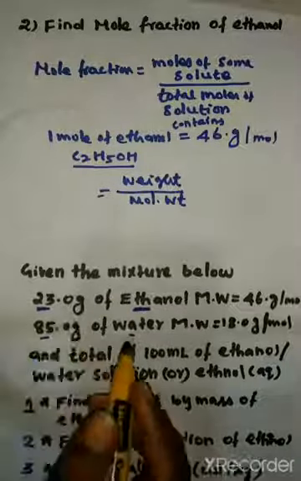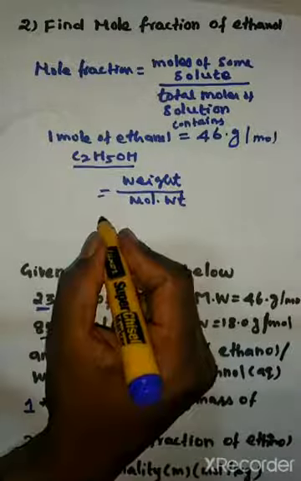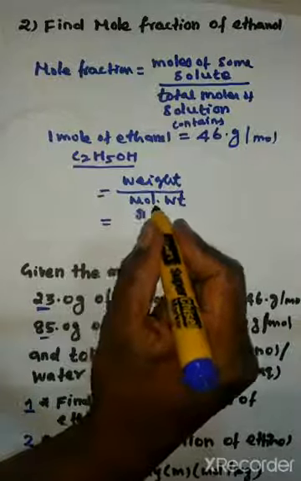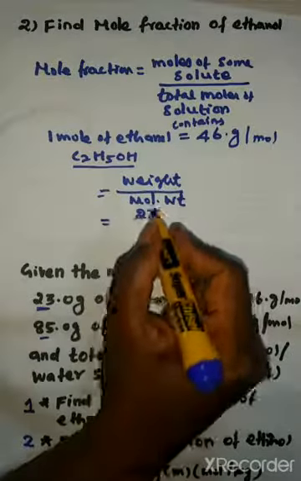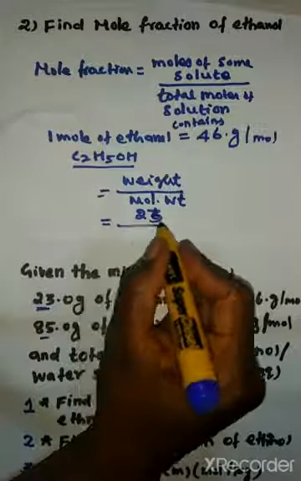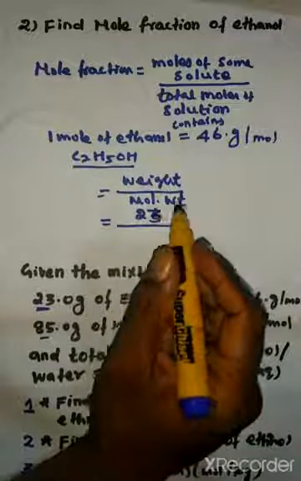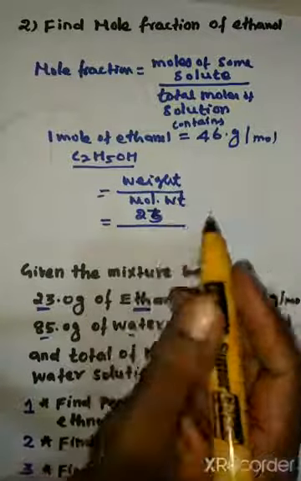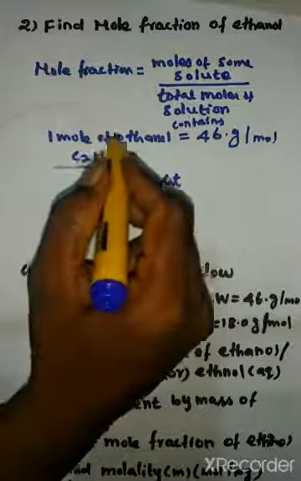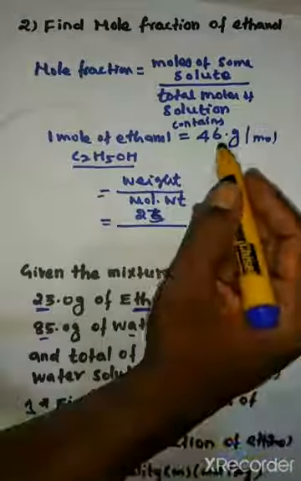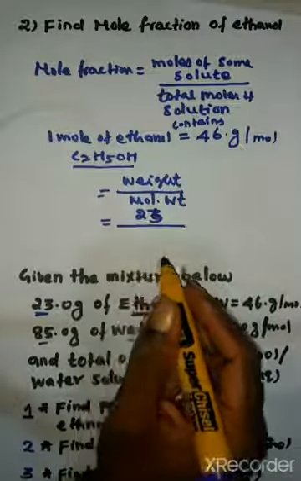Here in this problem they have given 23 gram of ethanol, that is the weight of ethanol, 23 gram. And the molecular weight of ethanol: what is the molecular weight of ethanol? 1 mole of ethanol contains 46 gram. This is the molecular weight. It is also called the formula weight.